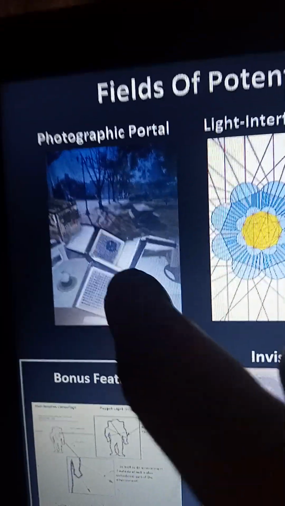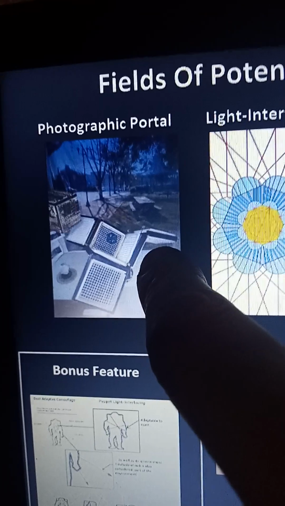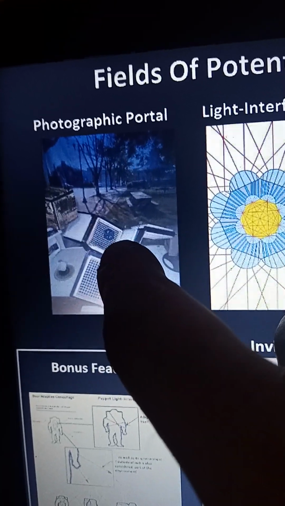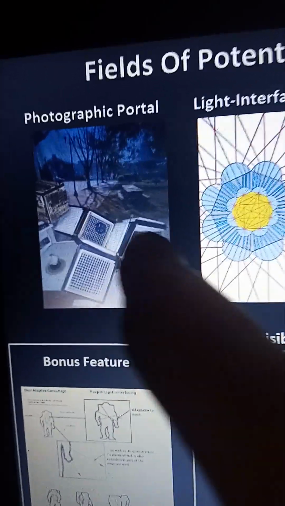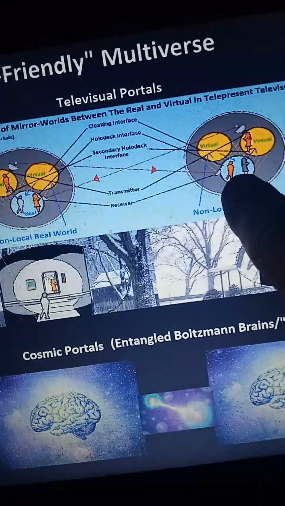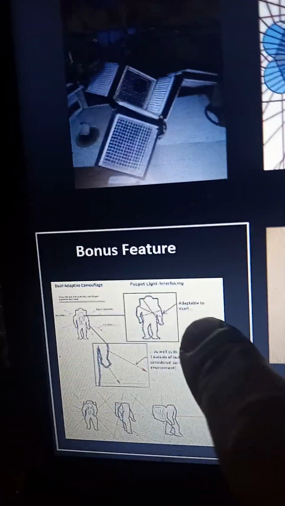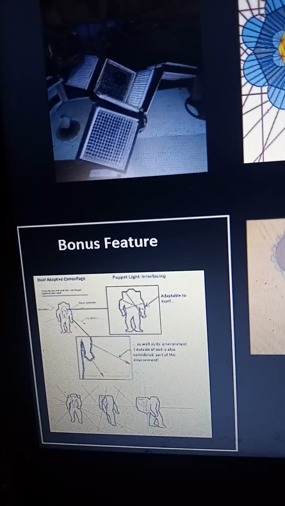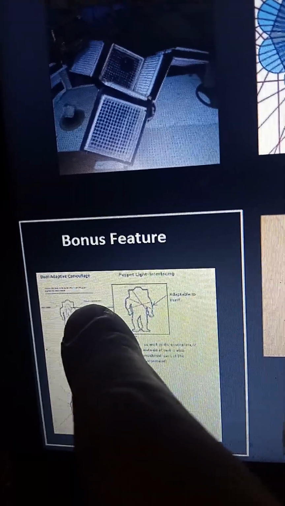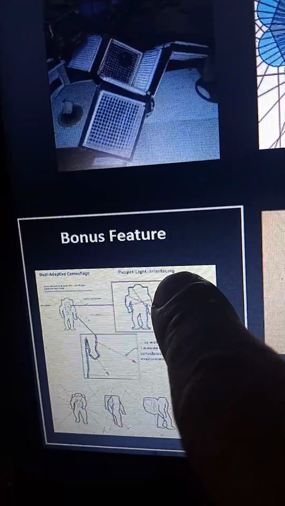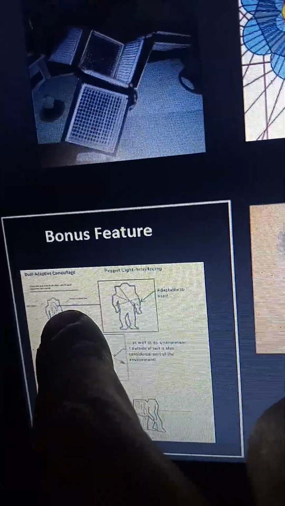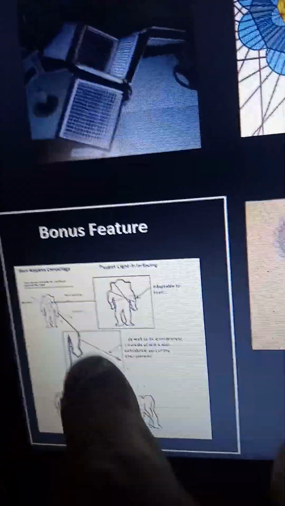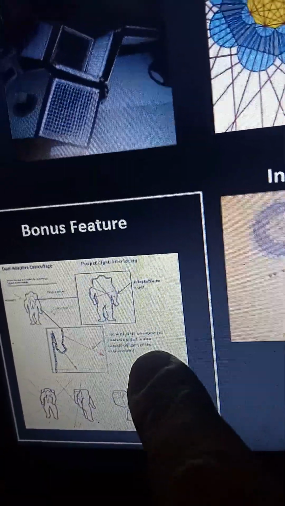Because every part of space, every point in space, has the potential for an invisible cloak, an interior holodeck, a backdrop holodeck, and an interior holographic display, which would be these virtual cells in each other's holodeck. And to end all this, the bonus feature for all of these intersection concepts is a dual adaptive camouflage, puppet light interfacing, adaptable to itself, its puppet interface inside the suit, as well as its outside environment.